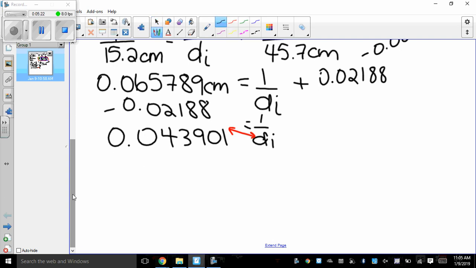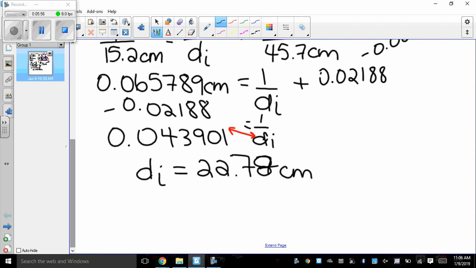Okay, so my DI is going to equal 1 divided by that value, which is 22.77. Okay, so now I have its DI value.